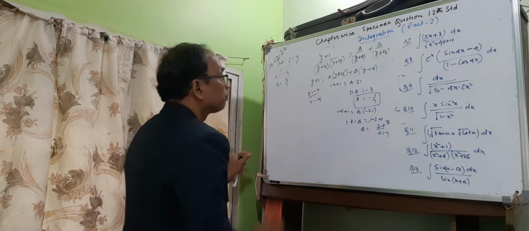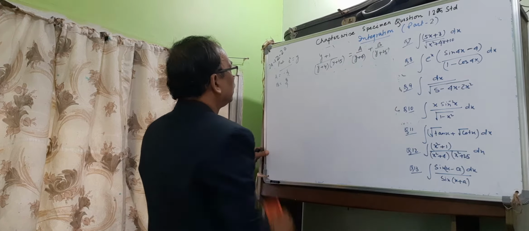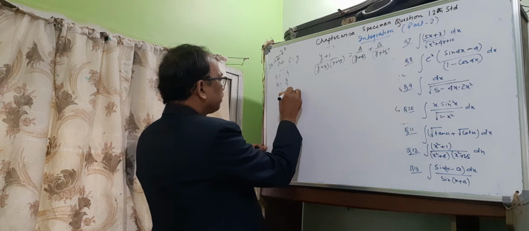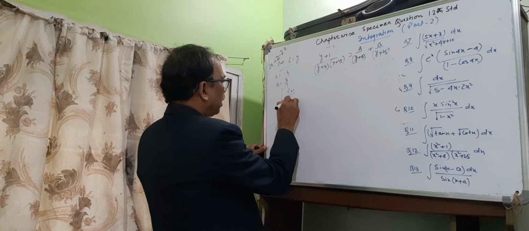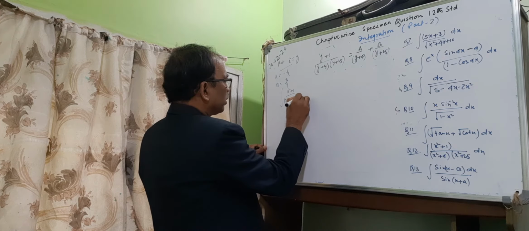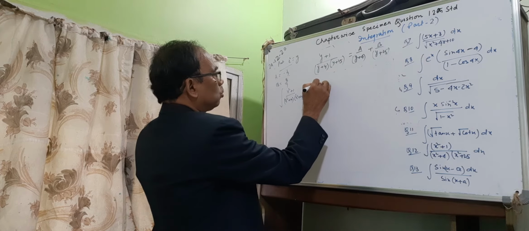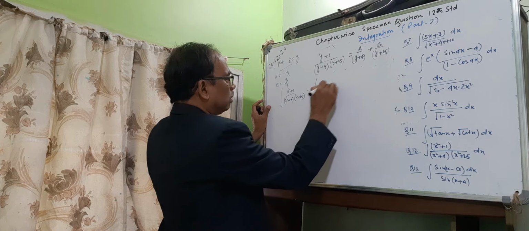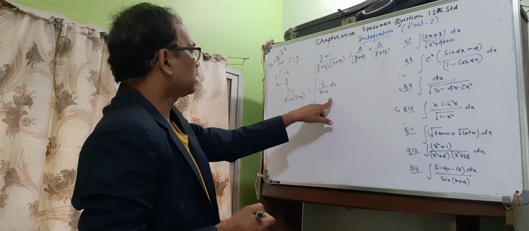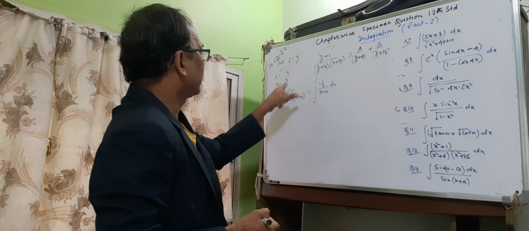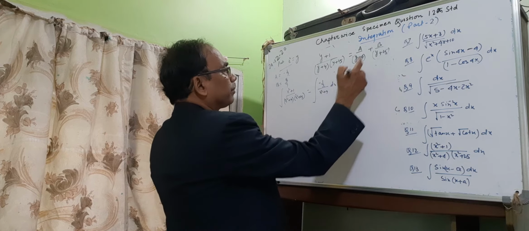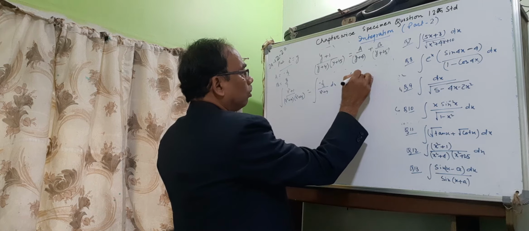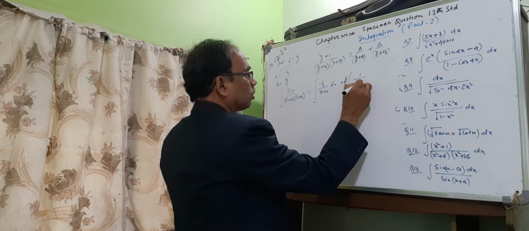Now put it here. The integration of x square plus 1 over x square plus 4 into x square plus 25 equals a, whose value is minus 1 by 7, times 1 over x square plus 4 dx, where y means x square, plus b, whose value is 8 by 7, times 1 over x square plus 25 dx.